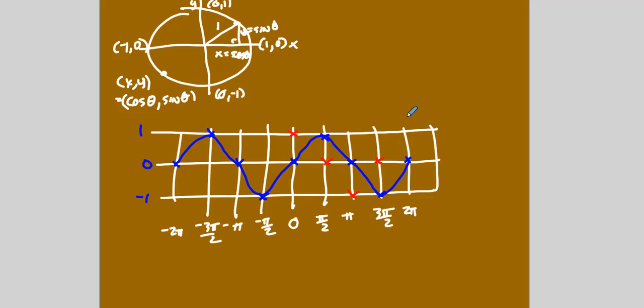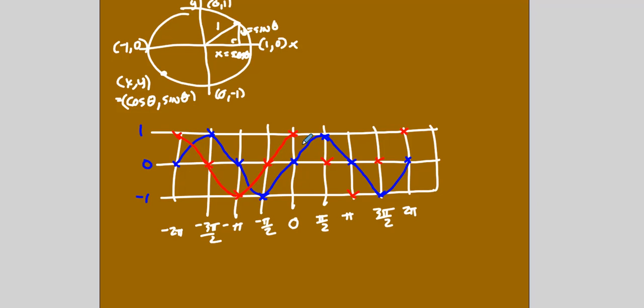And cosine of 2 pi, we're back to 1. And then you could go backwards. Cosine of negative pi over 2 is 0. Cosine of negative pi is negative 1. Cosine of negative 3 pi over 2, or negative 270 degrees, is 0. And then cosine of negative 2 pi, or negative 360, is 1. So cosine looks like this.